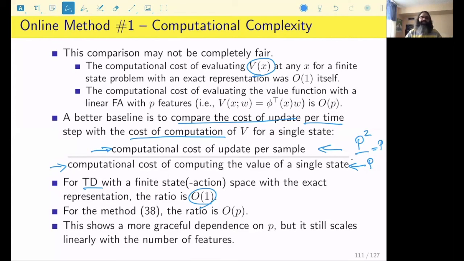If P is a very large number, like 10 million, then that's going to be substantial extra computation compared to TD methods for finite state problems.